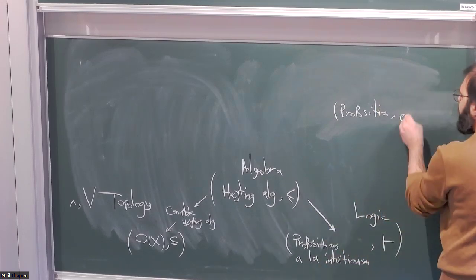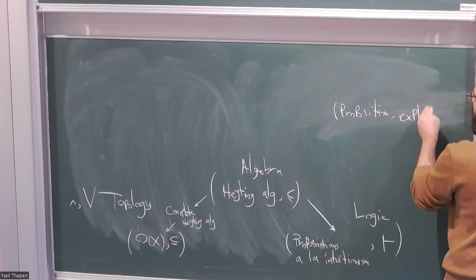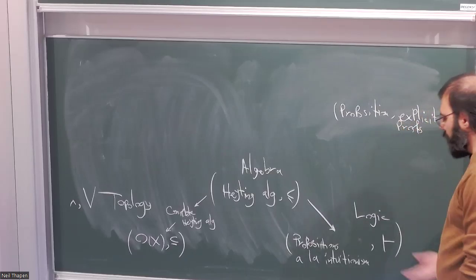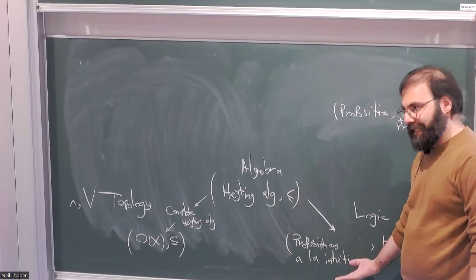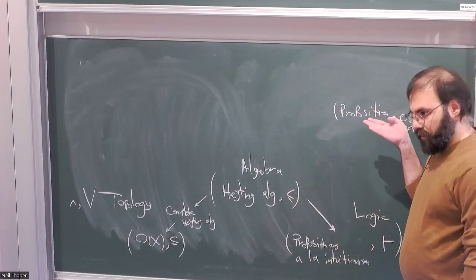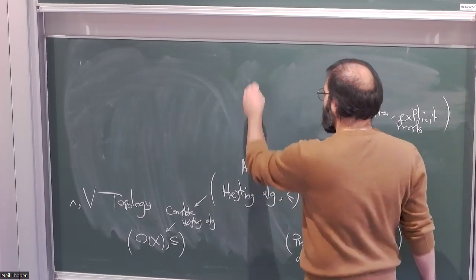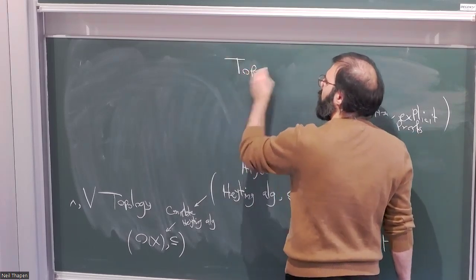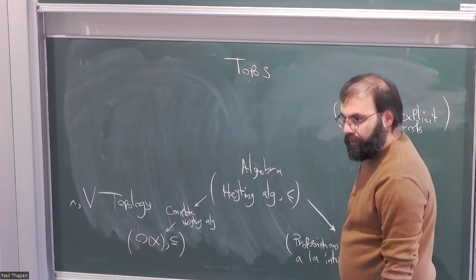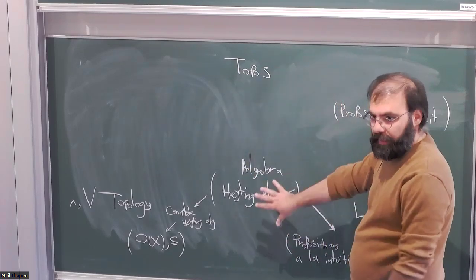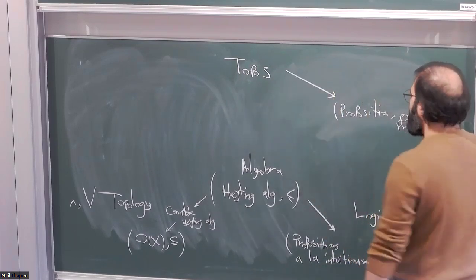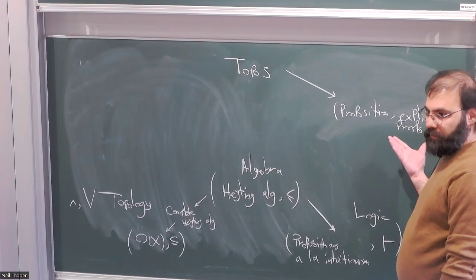So let's say explicit proofs. So I'm going simply from poset to category, right? So here you have to go to a category. The category is topos. It has the same purpose as Heyting algebra for propositions. And of course, then you can construct examples based on this.